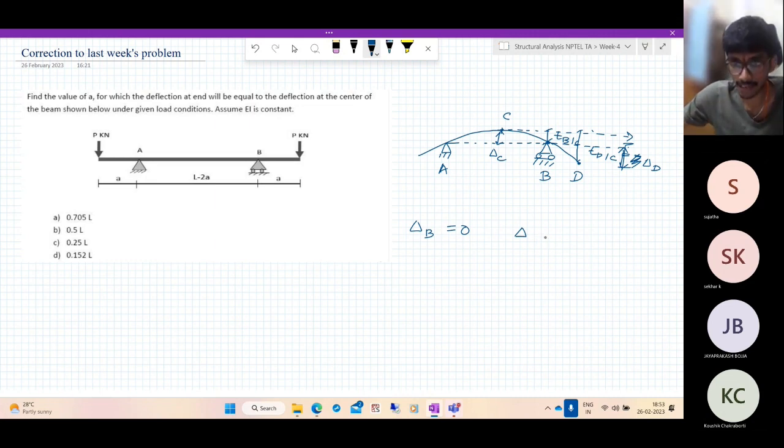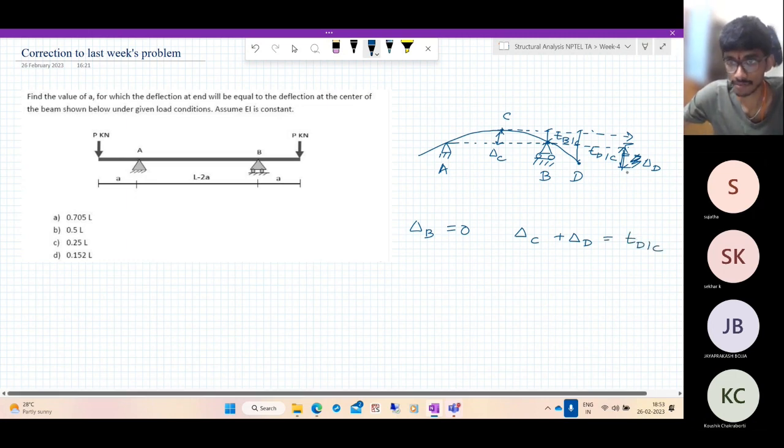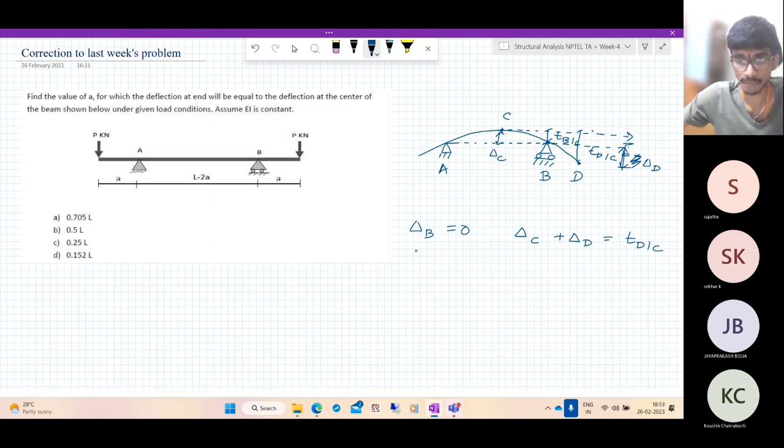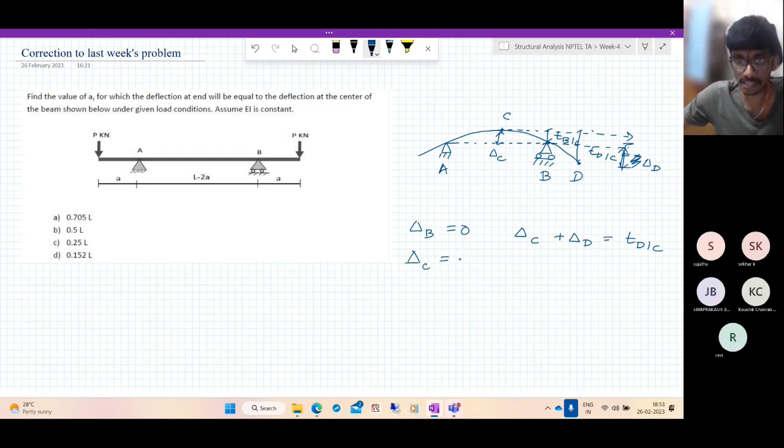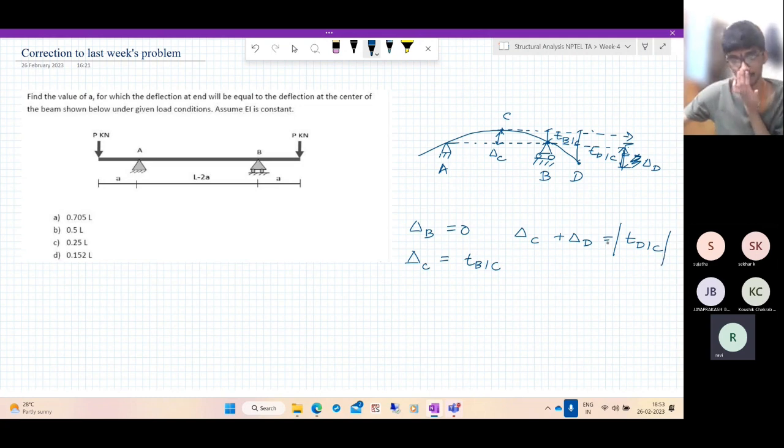Delta C plus delta D is equal to TD with respect to C. Well, the tangent is drawn here. This distance plus this distance will be equal to TD with respect to C. And what is delta C? Delta C is equal to TB with respect to C. Numerically, I don't consider the signs, so I can put a mod here. Numerical values are like this.